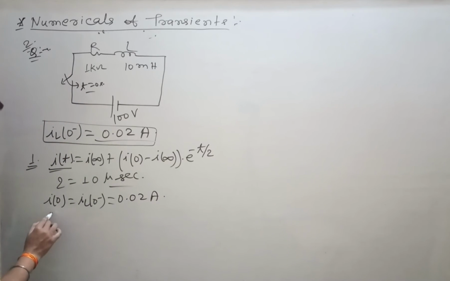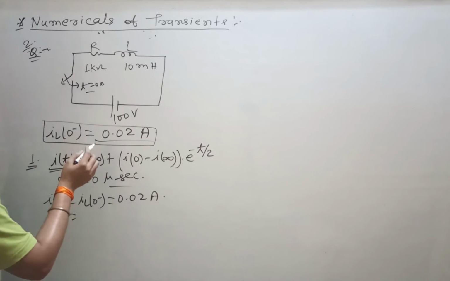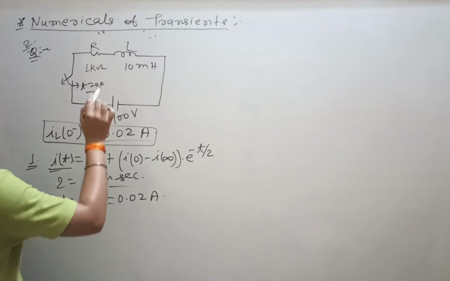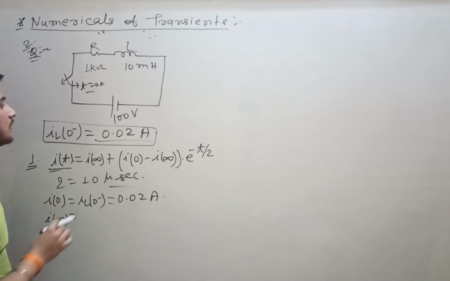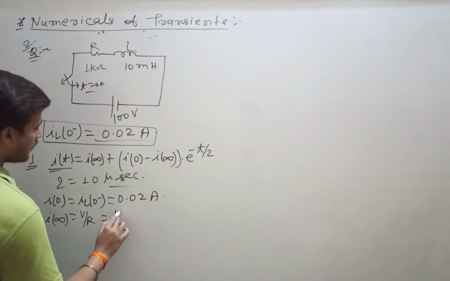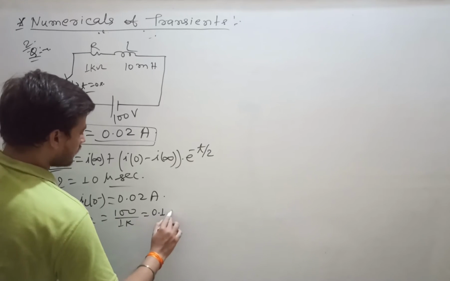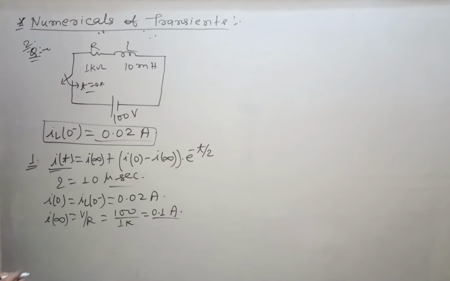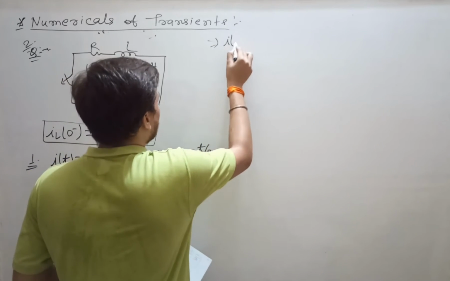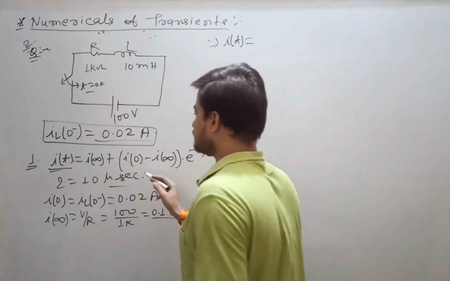And I infinity. So how much will I infinity be? I infinity will be equal to, that means when the time t tends to infinity, inductor will be replaced by short circuit. So here it will be equal to V by R. So 100 divided by 1K, that means 0.1 ampere. So we got I infinity. That's why we will write IT equal to I infinity plus I0 minus I infinity.